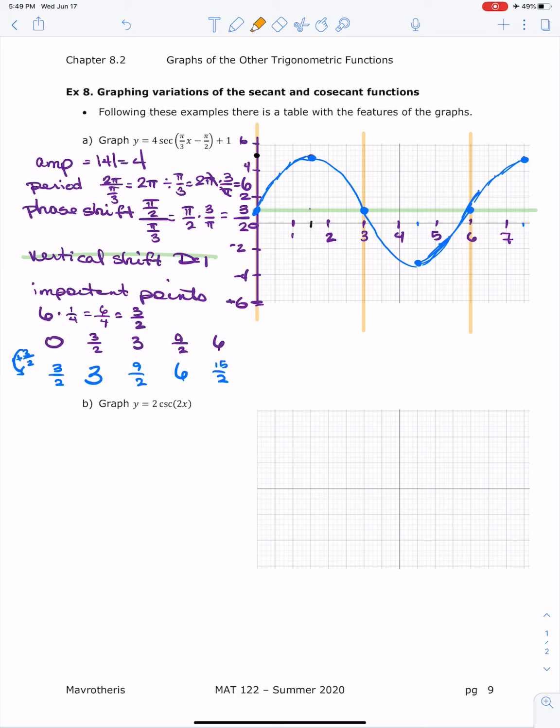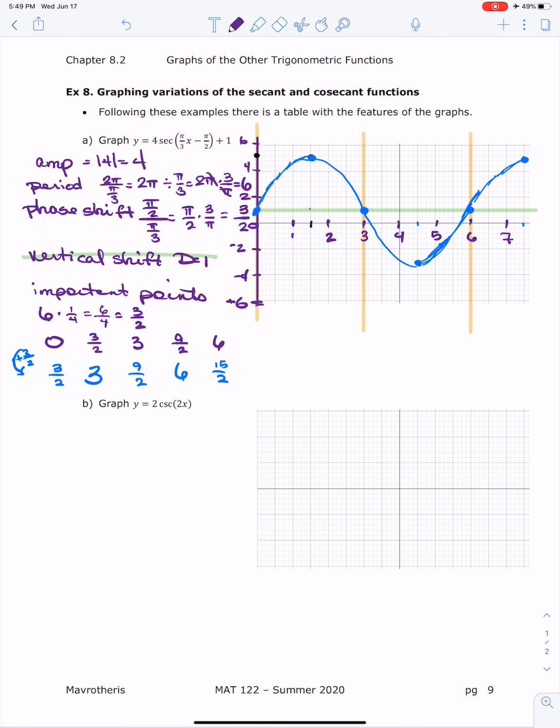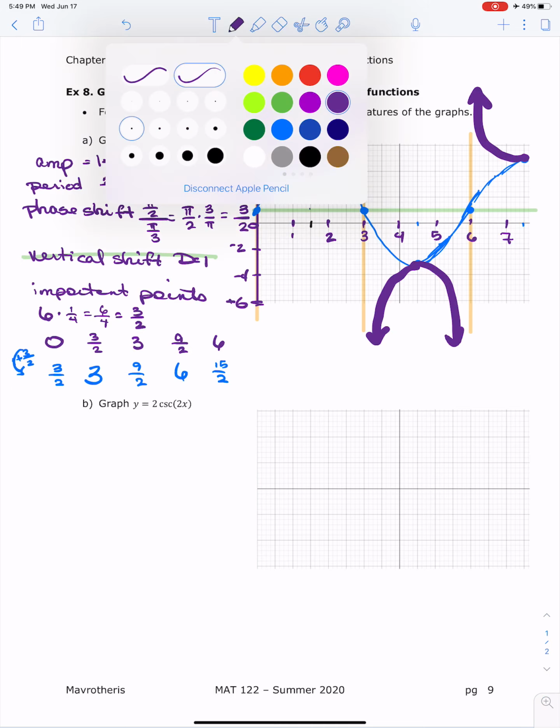I know then my secant is going to go from the max of my cosine and up towards the asymptotes, and from the minimum down towards the asymptotes. Perfectly okay to leave that cosine function in there as a reference. Make it pretty obvious that you understand that we are using that as the reference. That is not part of the graph.